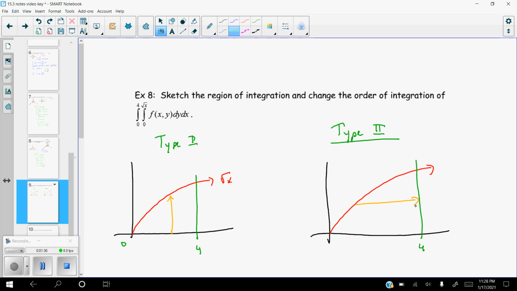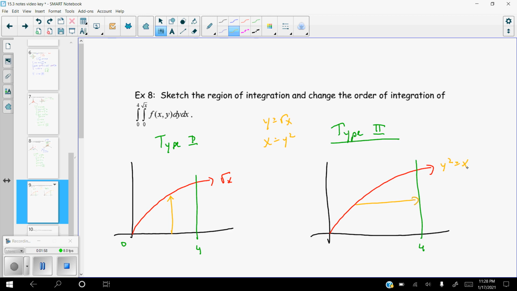So instead of y equaling the square root of x, we want to solve that for x. We know that y is the square root of x. We square both sides, so x is going to be y squared. So this now becomes y squared in terms of x.